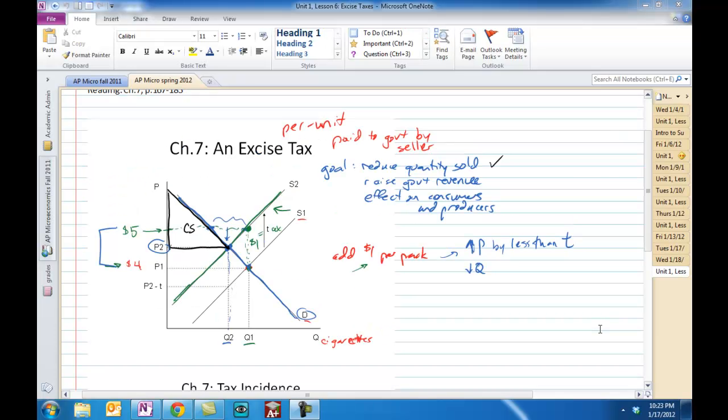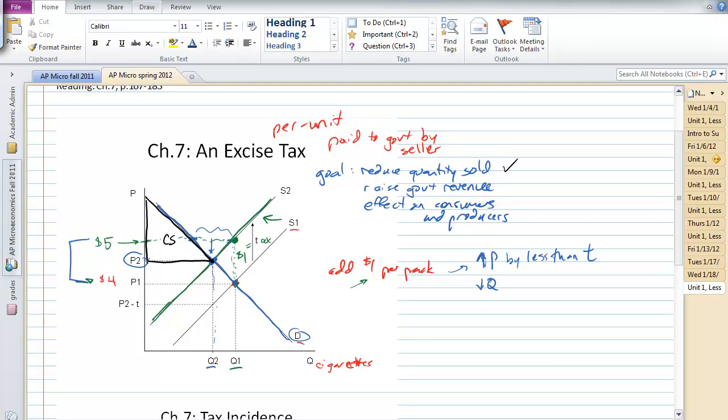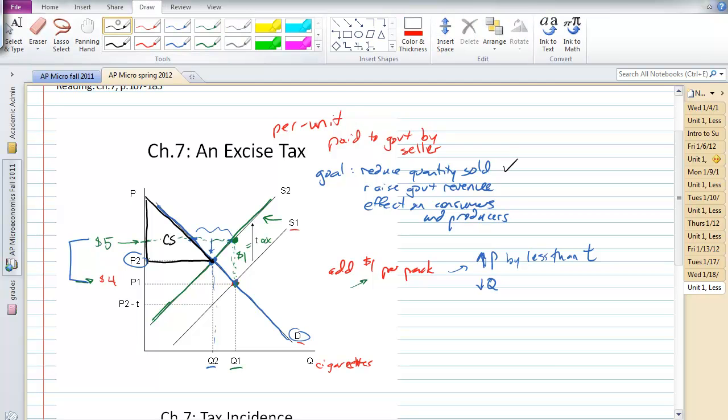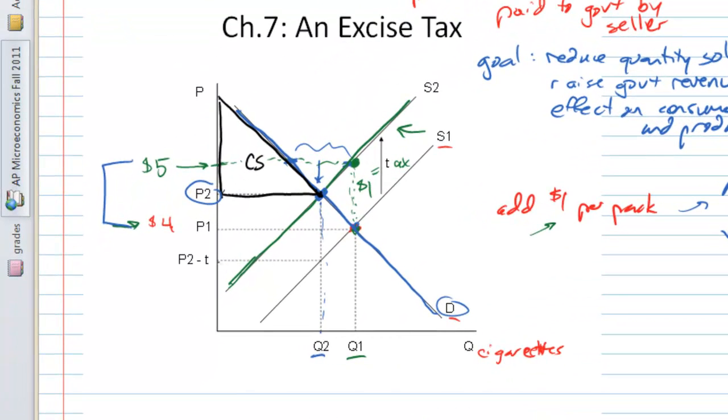Okay, so I've taken off those previous markings for producer surplus, and now I'm going to put back in there a producer surplus marking that's down here, because that represents the producer surplus in the same way that the triangle just below consumer surplus also represents producer surplus.